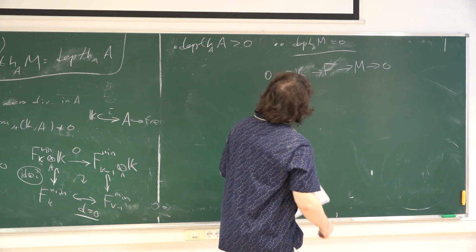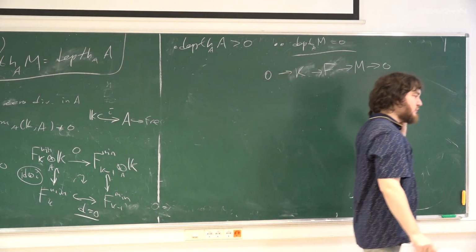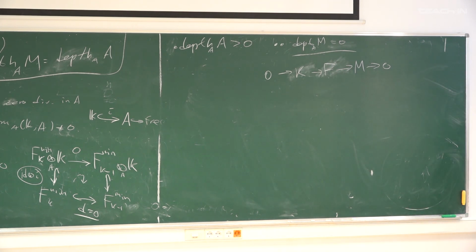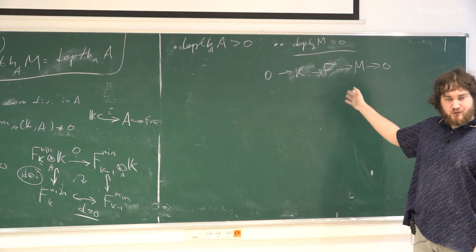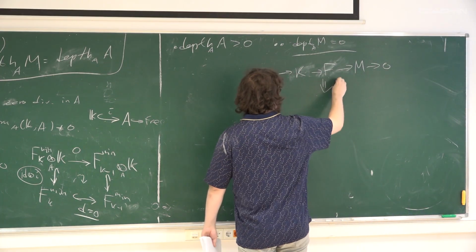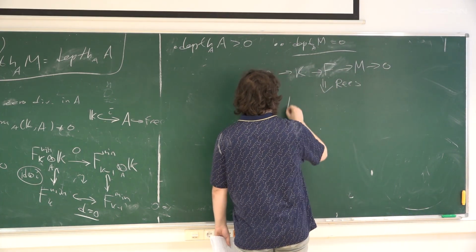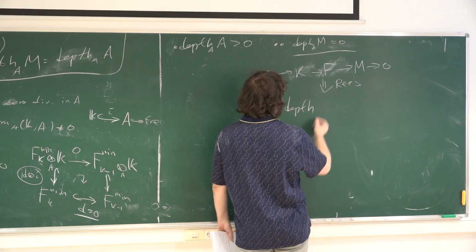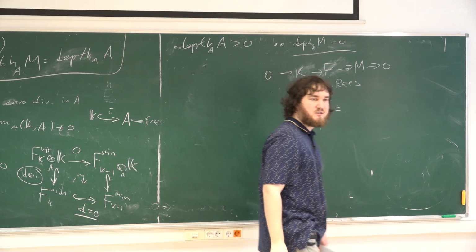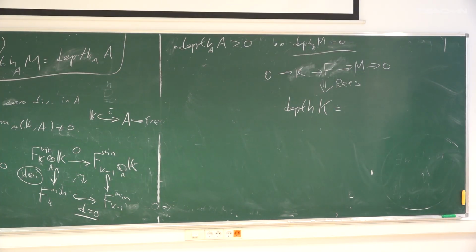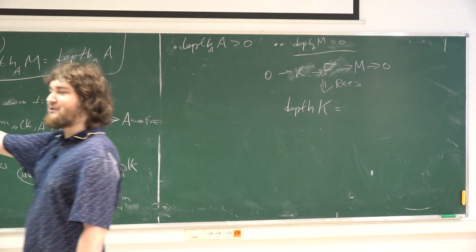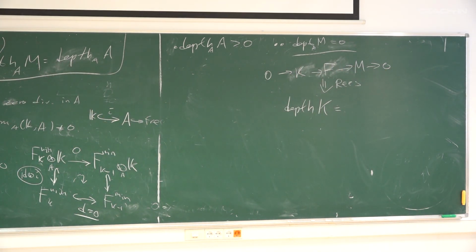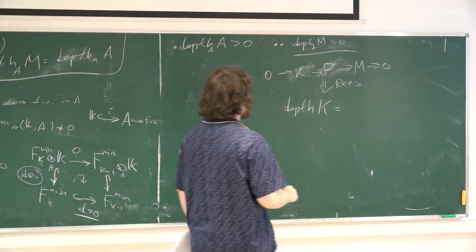Then, in fact, from the long exact sequence in Ext, from these modules, and from our homological interpretation of depth, you can check. Then from this and from Rees theorem, you obtain the depth of K. What is it? For projective dimension, it will be minus 1. But projective dimension is the maximal non-zero, depth is the minimal non-zero. So in this situation, it will be depth plus 1.